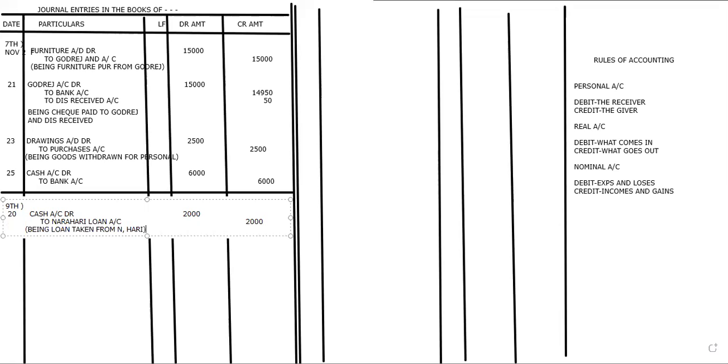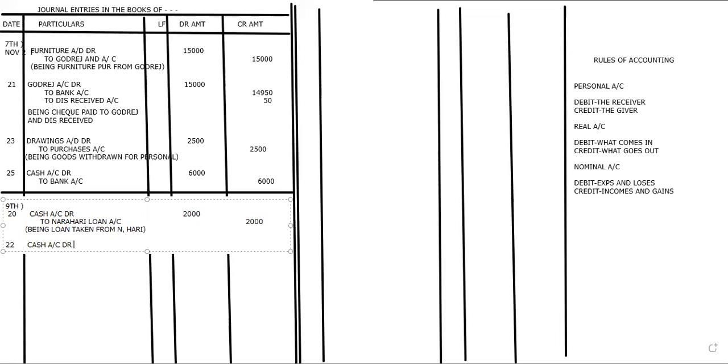And next one, commission received from Hari. Commission received, what is it? It is a nominal account. Nominal, we never have names, no? So that's why here I'm going to write cash or bank.